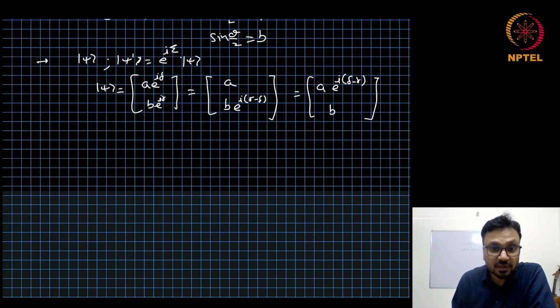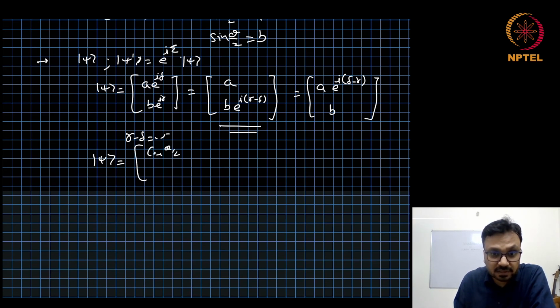We can stick to this notation because that's again very traditional and convenient, and we call gamma minus delta theta. So psi becomes cos of theta over 2, not theta, let's say phi, we have already used theta, and sine of theta over 2 exponential of i phi.